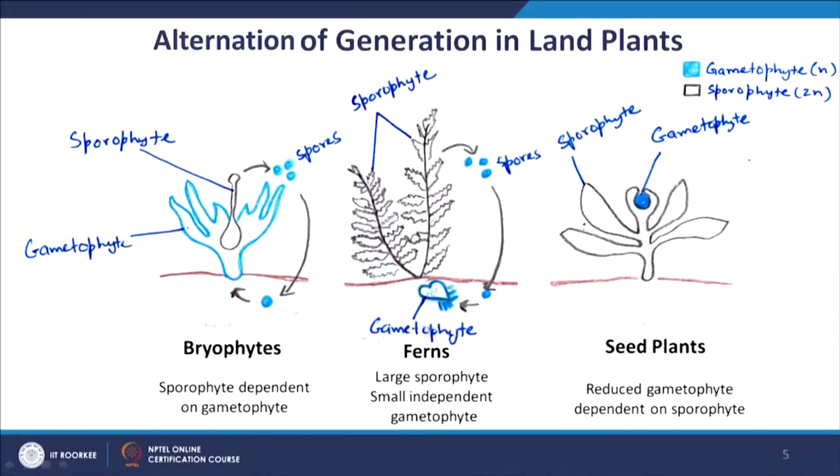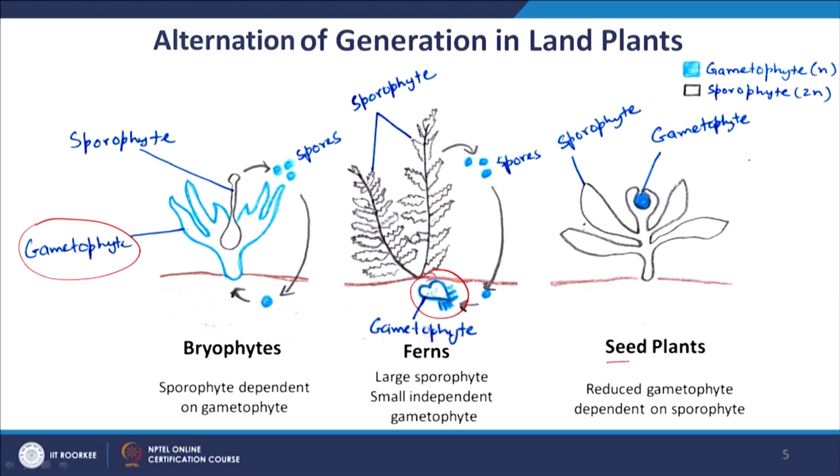Further, if you look at the alternation of generations across the land plants, there are a few important things you can see. In bryophytes, the major part of the life cycle is the gametophyte, and the sporophyte is dependent on the gametophyte. But from ferns onwards, the major, large form is the sporophyte, and the gametophyte is a small independent form.